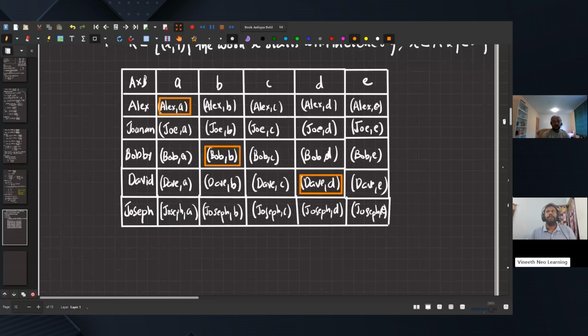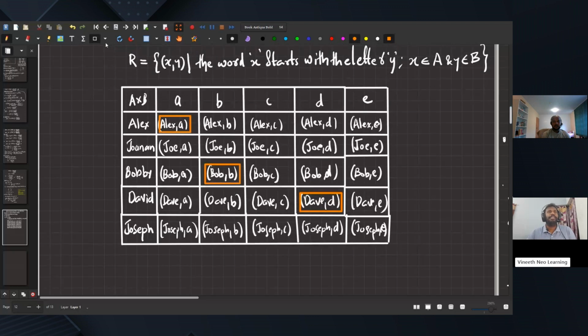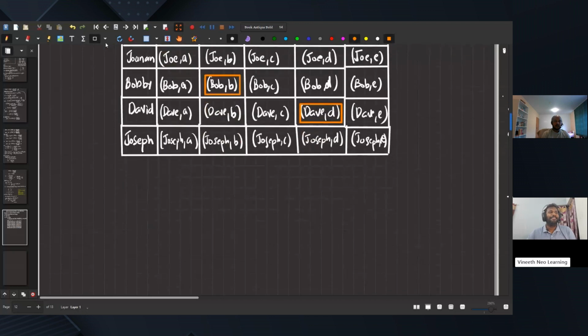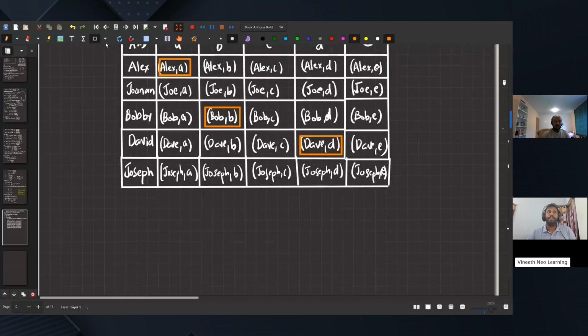Out of all of these ordered pairs, which I wrote with such difficulty, only three appear in our relation.